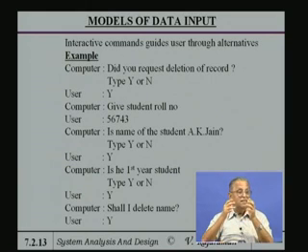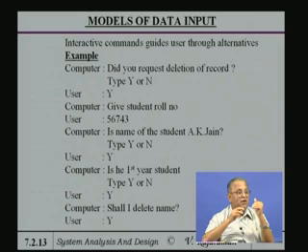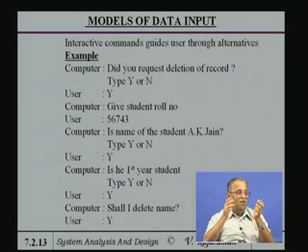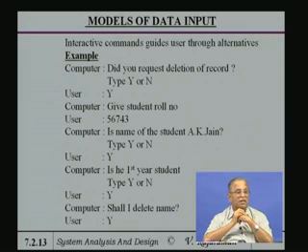The user says yes, computer, give student roll number. In fact, if you want to be abundantly cautious, the computer can even ask, do you really want to delete the record? Type yes or no, and you would again type yes or no, and it will go ahead with computer, give student roll number, and you give the roll number, and the roll number is a key field.